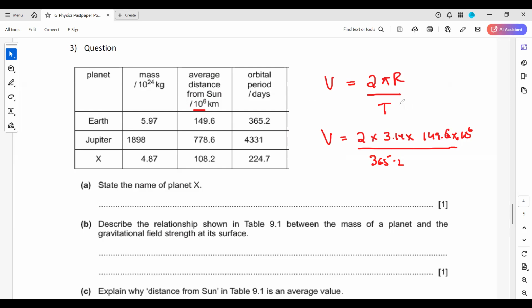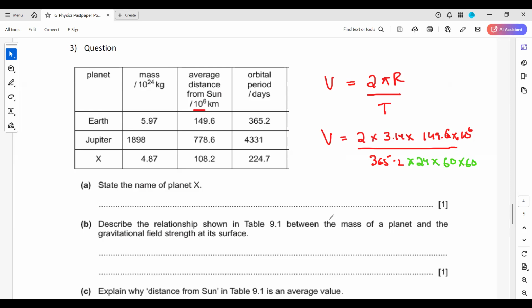Then the total time interval we have to convert into seconds. So we have 365 days. We multiply by 24 to convert into hours, then by 60 to convert into minutes, and then by 60 again to convert into seconds.